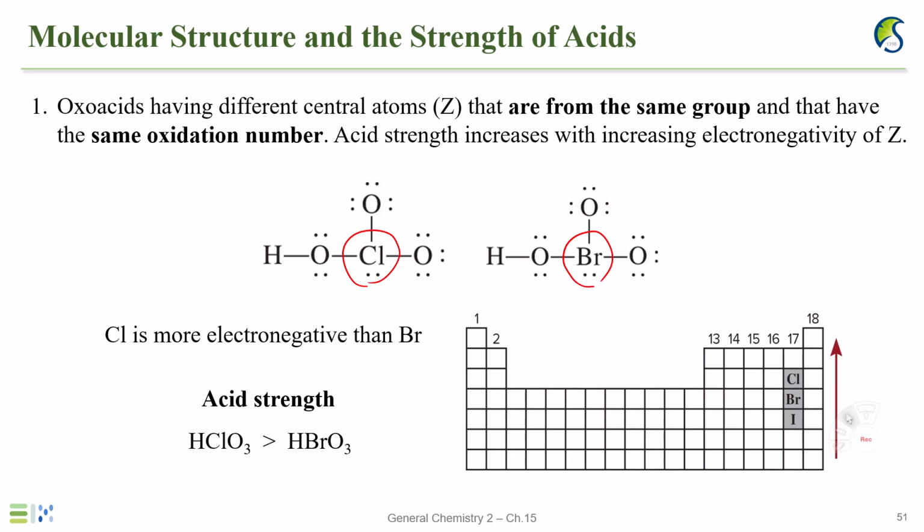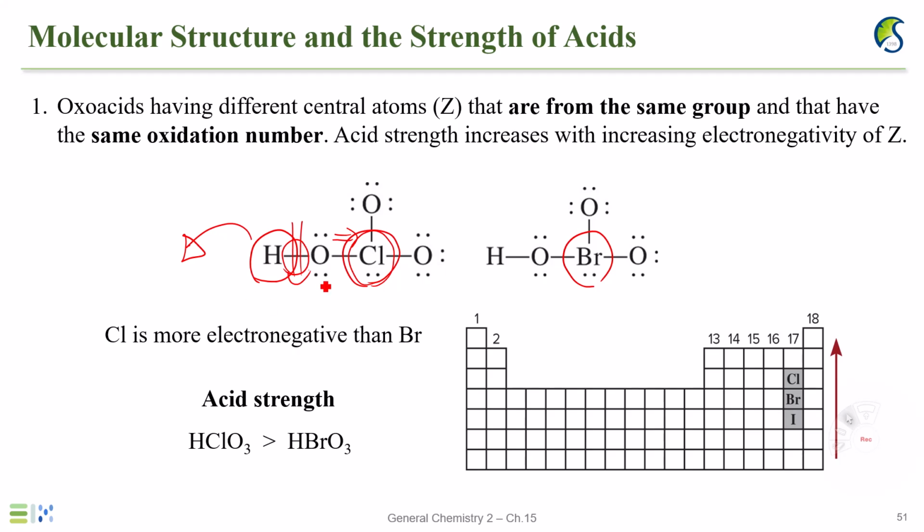You know that Cl has a higher electronegativity than Br, which means that the electron density becomes relatively higher around the Cl, so there is much less electron density between O and H, which means that the H is easier to be detached.